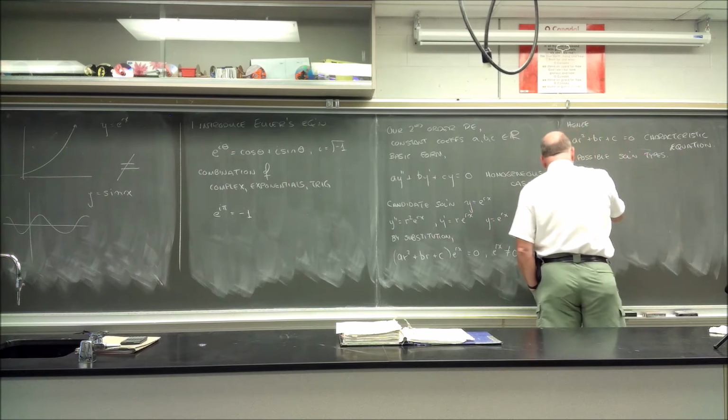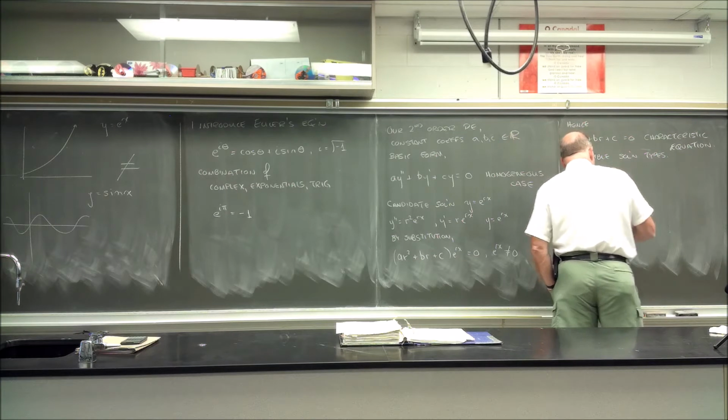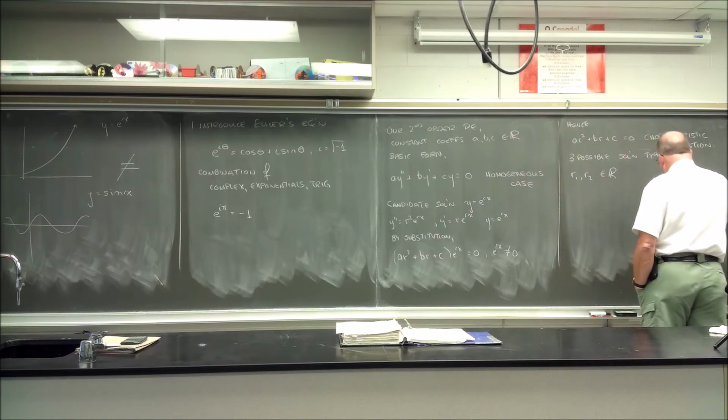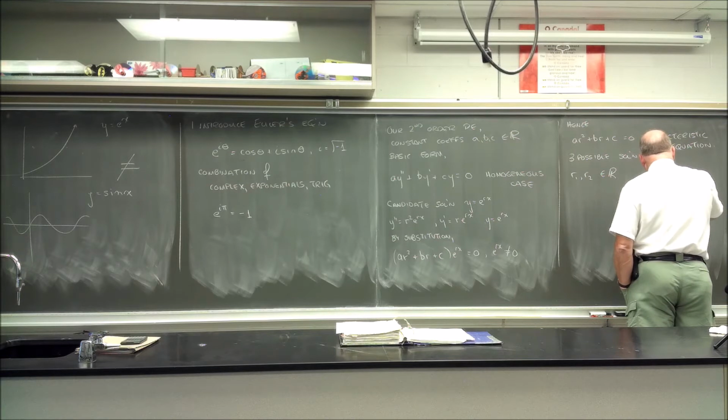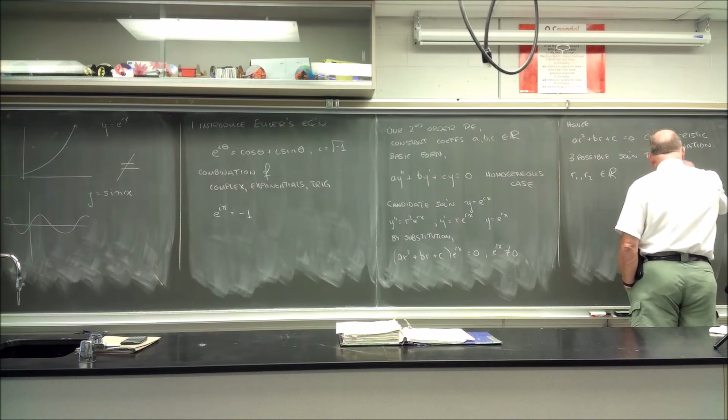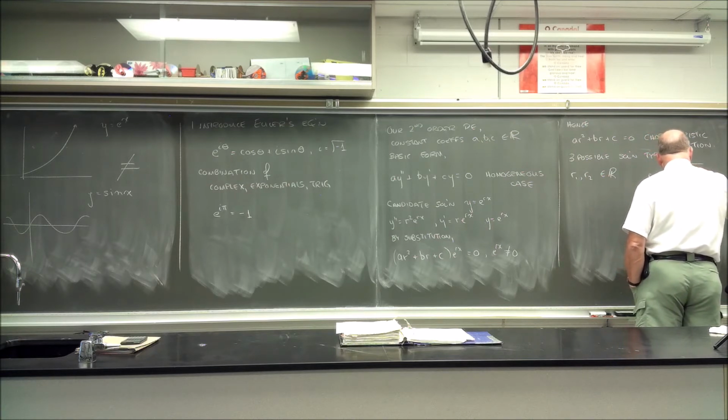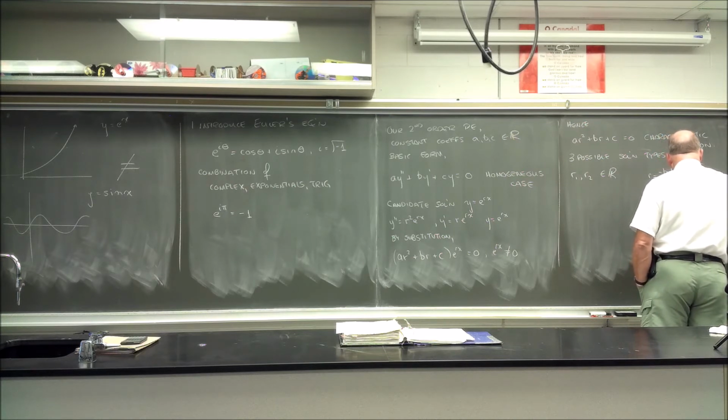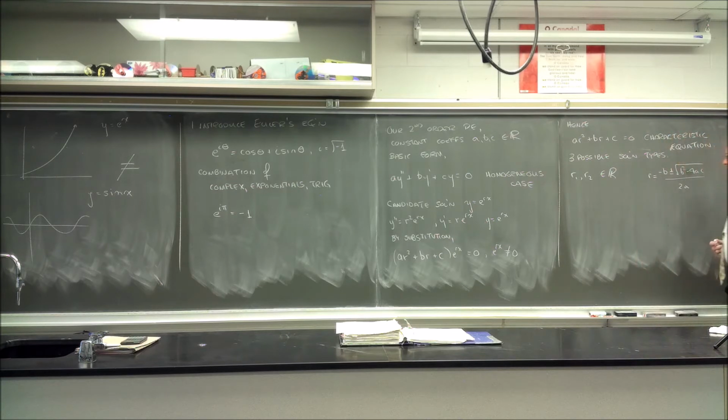First, r1 and r2 will be real. So if we think about our quadratic formula, we have r is equal to minus b plus or minus the square root of b squared minus 4ac, all of it over 2a. So for this to be real, then what is underneath the square root must be positive. And then you're going to get 2 different numbers depending on the plus or minus, but they'll both be real.